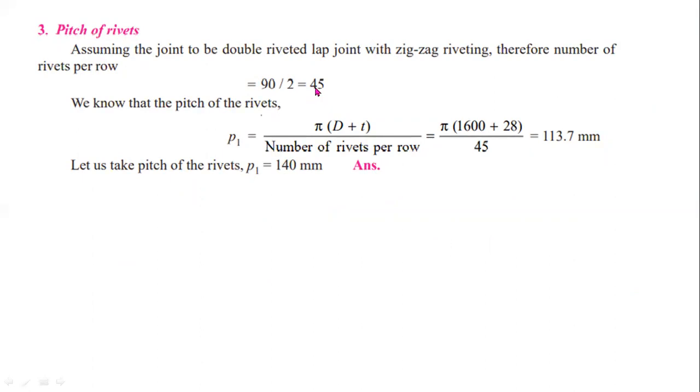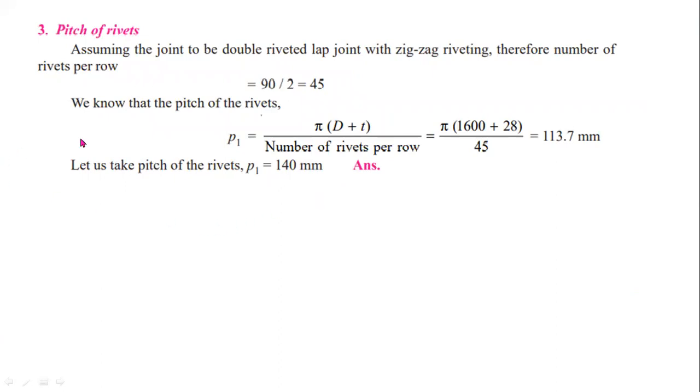Here 90 is the total number of rivets divided by the number of rows. Since we are using a double riveted lap joint, we use number 2. So the number of rivets required per row equal to 45 rivets.